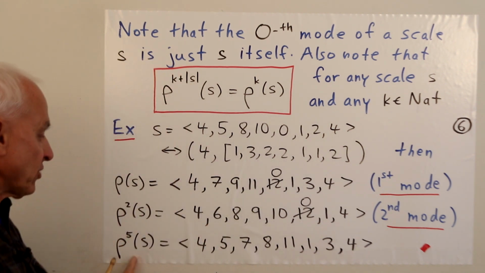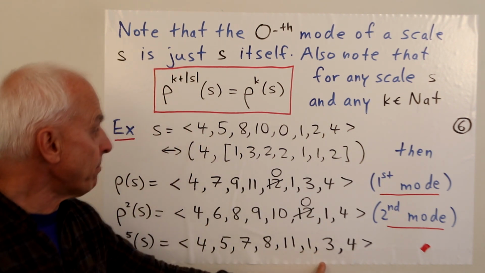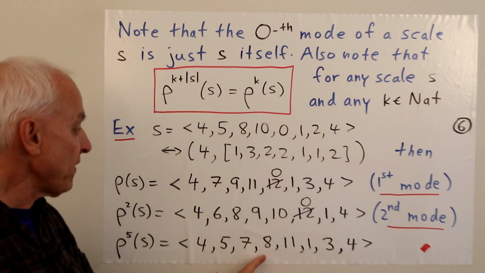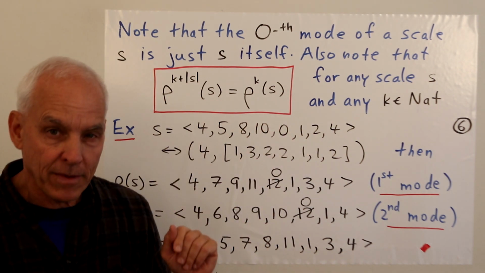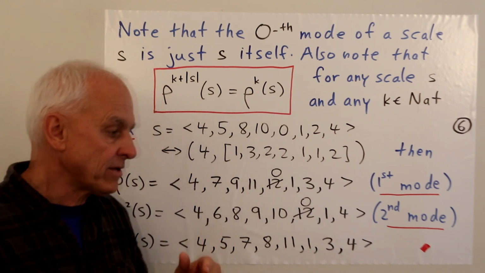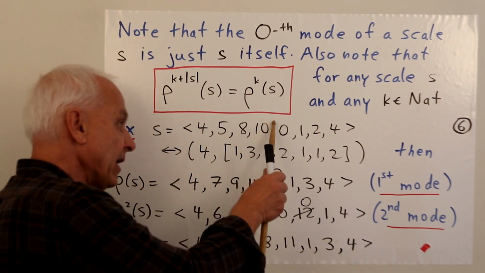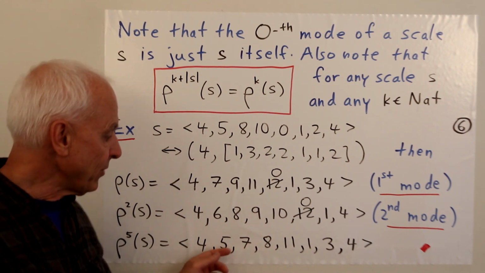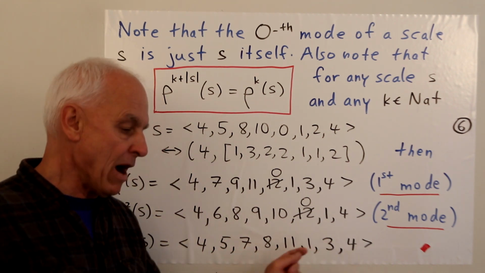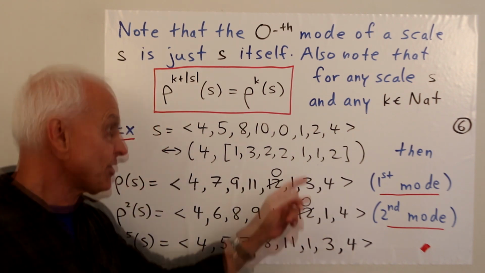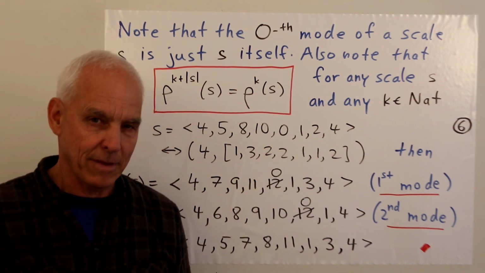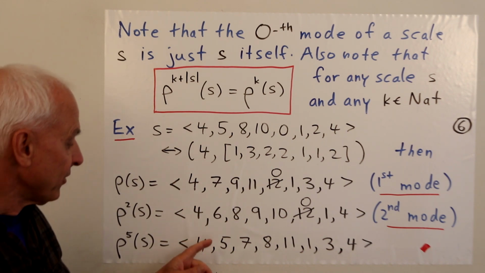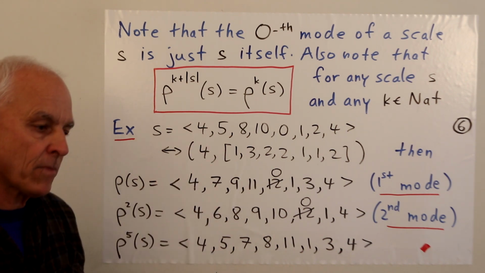Say this last one here is a scale which is a mode of this scale here. It's actually the fifth mode. I want you to convince yourself that conversely, this scale here is a mode of this one. We could apply a suitable power of rho to this scale to get this one. Maybe you could figure out what power of rho you have to apply.